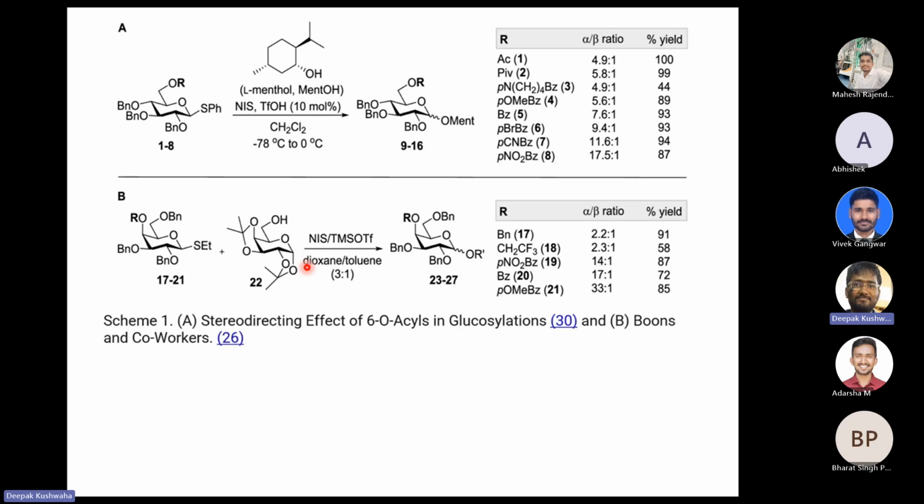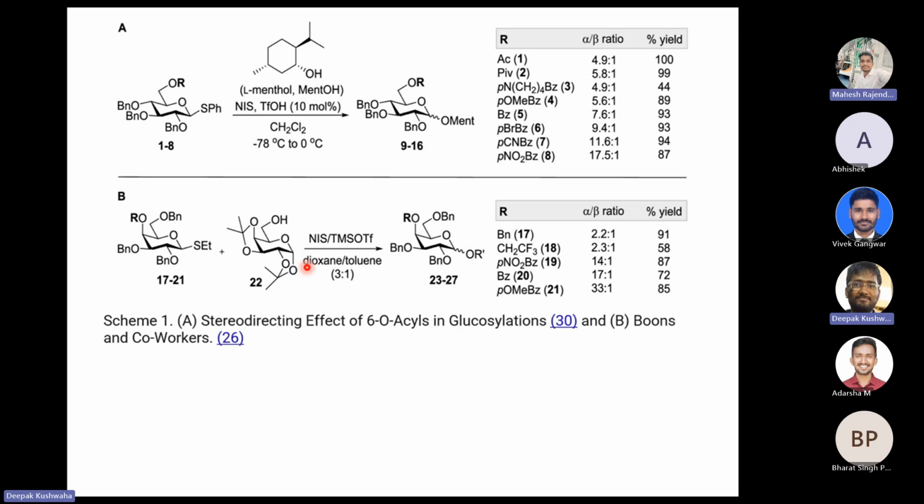They are working on that. They say in the abstract itself that there is a possibility that the distal ester, meaning the remote ester we are using, may be involved in shifting the mechanistic pathway, like it can go from SN2 to SN1 or SN1 to SN2. Some shift is there.